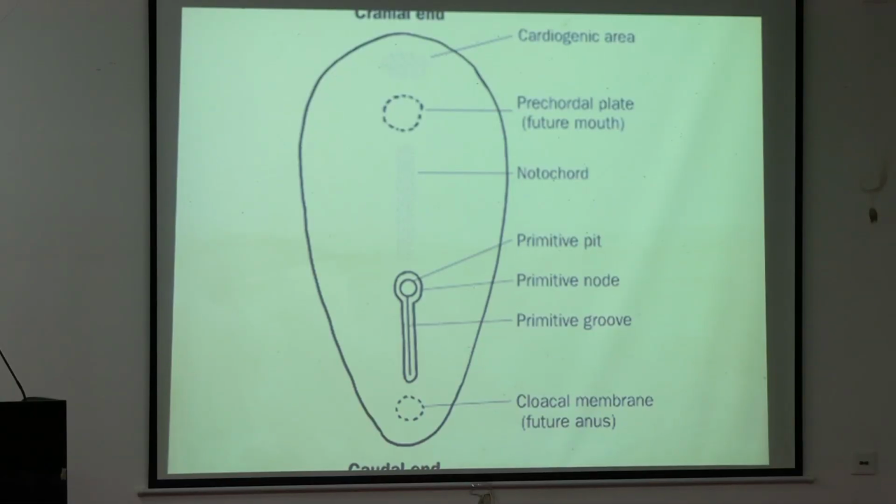This is the point from where the mouth arises, and at this point the endoderm is opposed to the ectoderm, right? There is no mesoderm in between at this point, the precaudal plate, and there is no mesoderm in this area as well, the cloacal membrane. So this is the lower end and this is the head end of the baby.